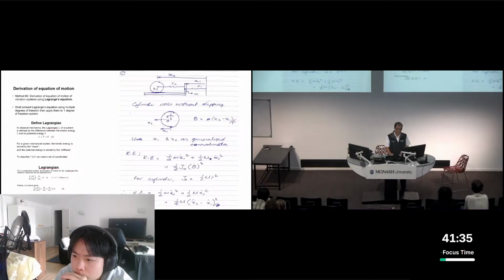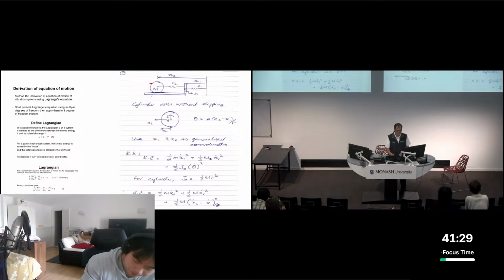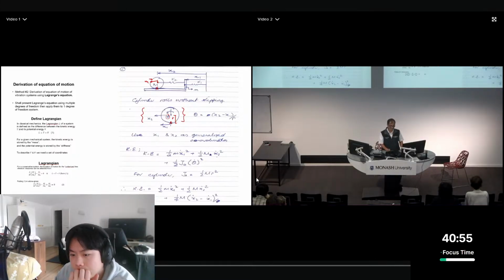What we're saying is that this cylinder here will ride along this carriage, and there will be a no-slip condition, in which case you would expect this point here to move x1, and if this is our coordinate x2, the rotation of this mass will be equal to x2 minus x1 over r, where r is the radius of this cylinder. All right.